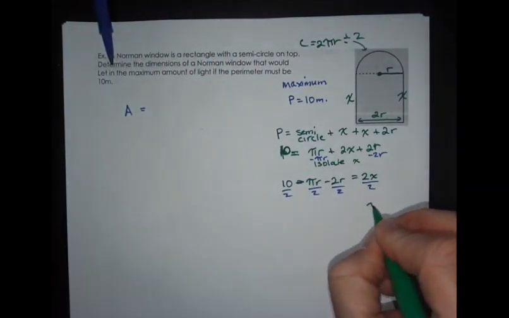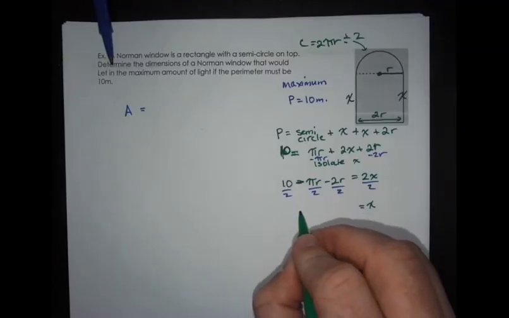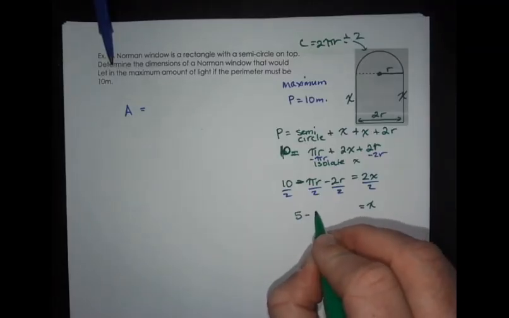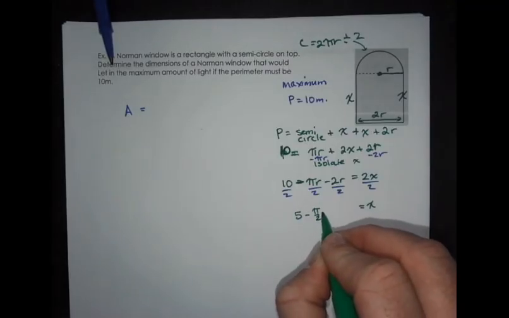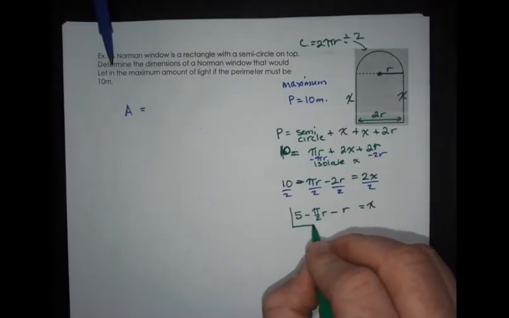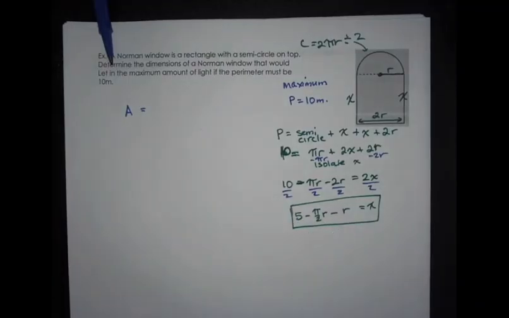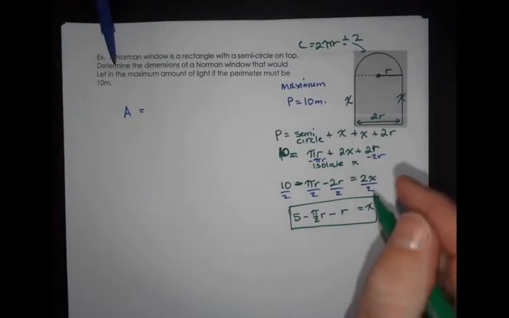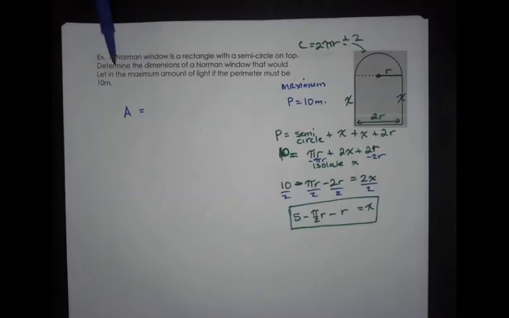So I'm left with x equals 5 minus pi over 2r minus r. That is the expression that we're going to use for x to help us with finding the area.